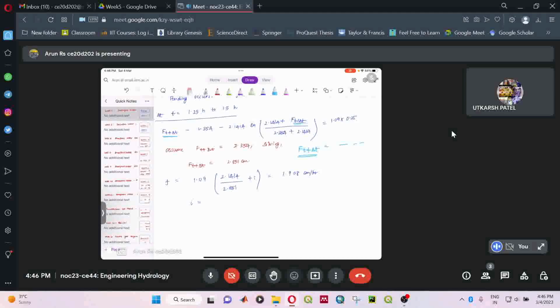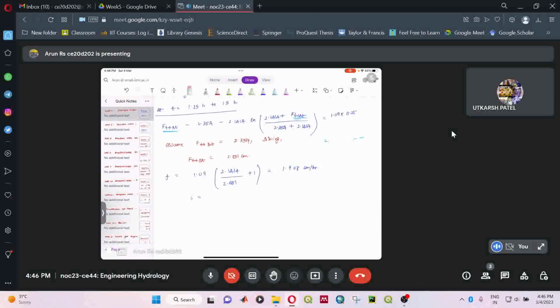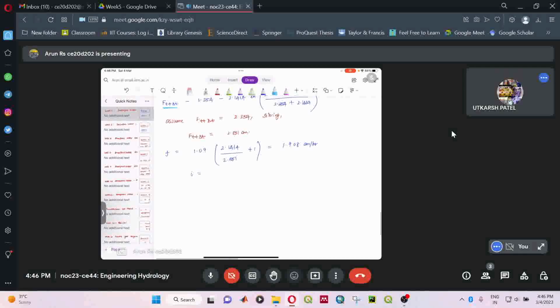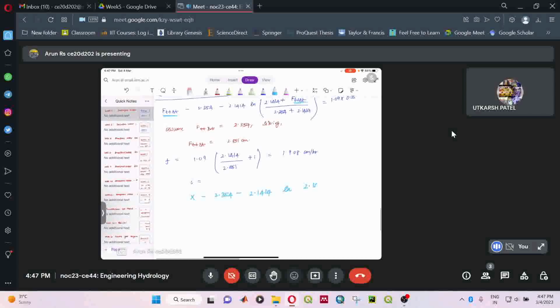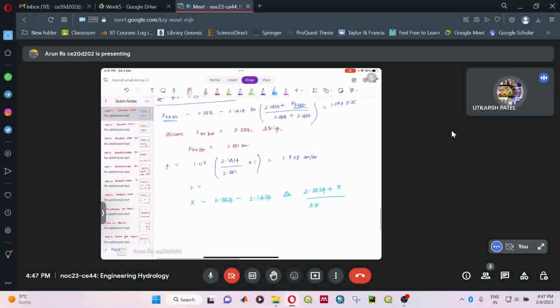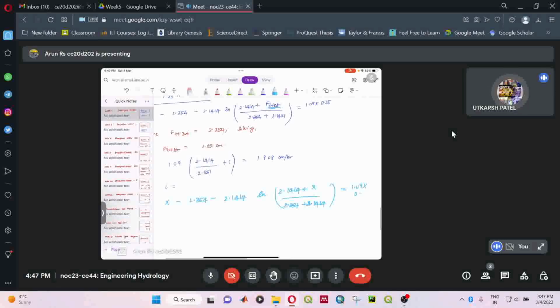When you are going to solve in the calculator, we'll be writing the equation like this: x minus 2.354 minus 2.1414 into log of (2.1414 plus x) divided by (2.354 plus 2.1414) will be equal to 1.09 into 0.25.